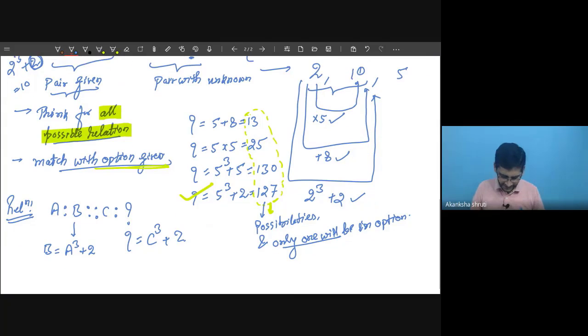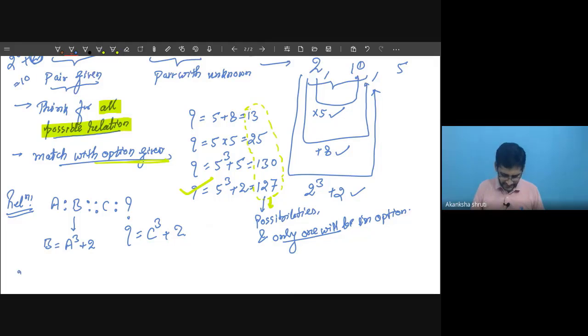Means the second element of the pair is nothing but the cube of the first element, and in that you have to add the 2. It is followed here. So we have to observe carefully. That is the thing we have to understand.